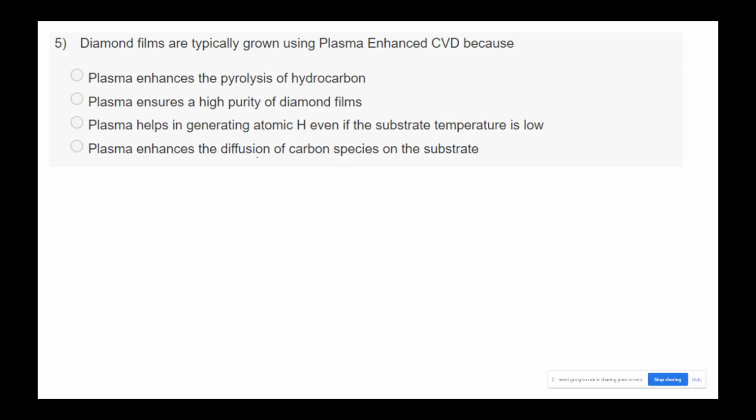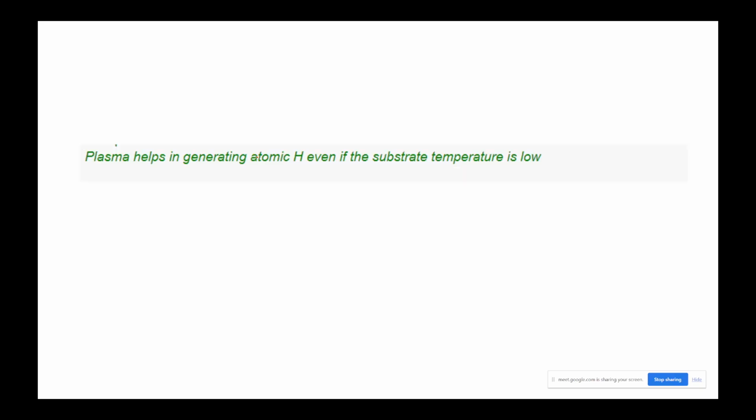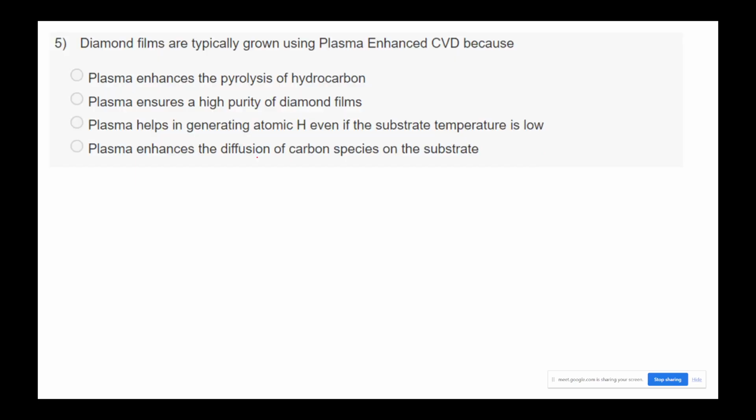Now the diamond films are typically grown using PECVD, plasma enhanced CVD, because plasma enhances the pyrolysis of hydrocarbon. Plasma ensures the high purity of diamond film. Plasma helps generating the atomic hydrogen when the substrate temperature is low. Plasma enhances the diffusion of carbon species. So basically the plasma helps in generating the atomic hydrogen when your substrate temperature is low.